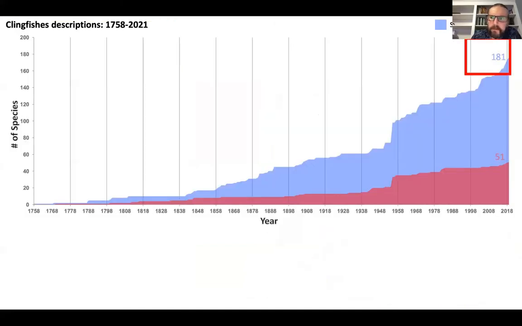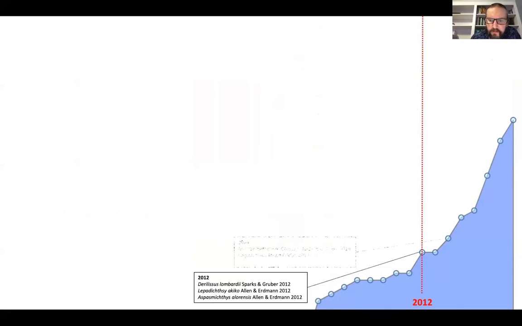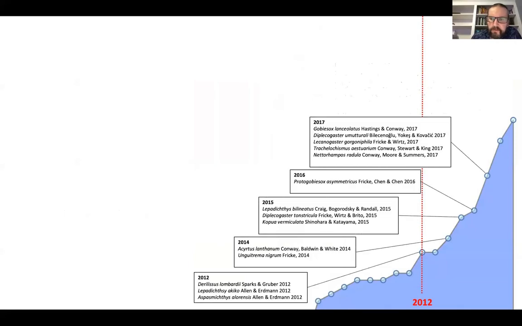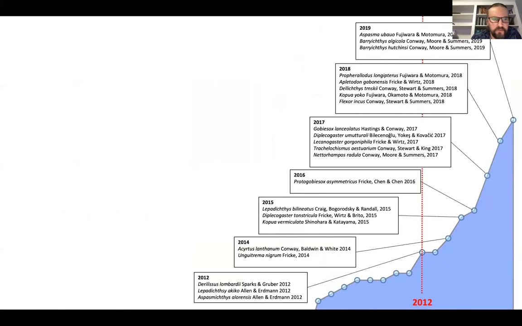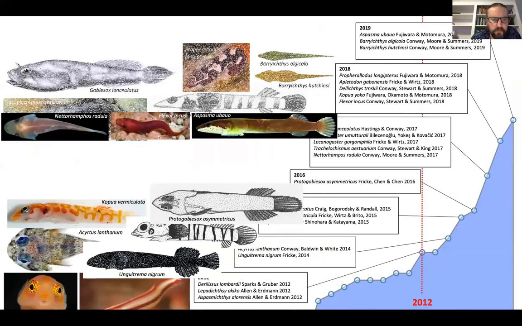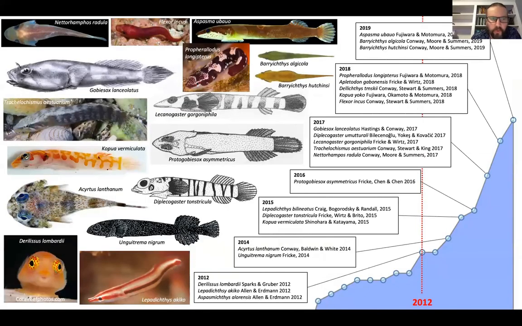In recent years, the number of newly described clingfishes is actually quite interesting. There's a number of newly discovered species that have introduced new characters to the group that weren't really known before. These are the species that were described since 2012.